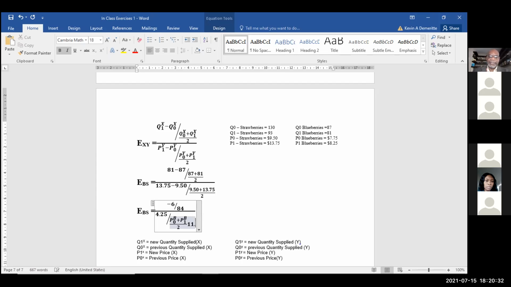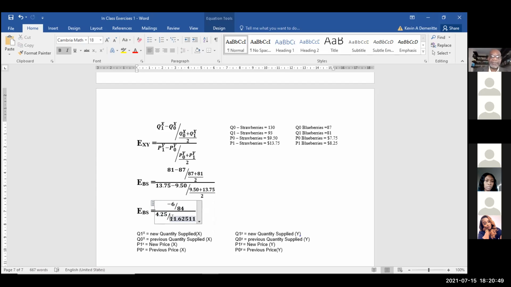Then you say we're not going to round until we get to the very end. Even if we're dealing with money, we should round to four decimal places until you get to the very end.